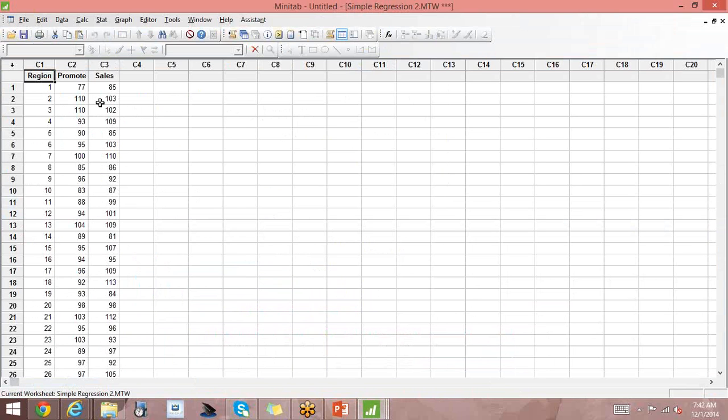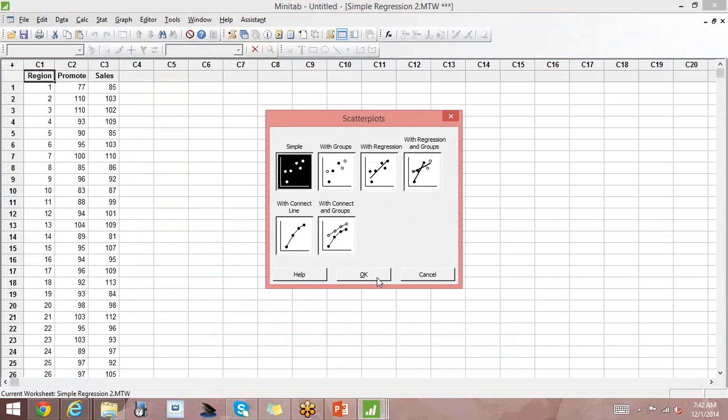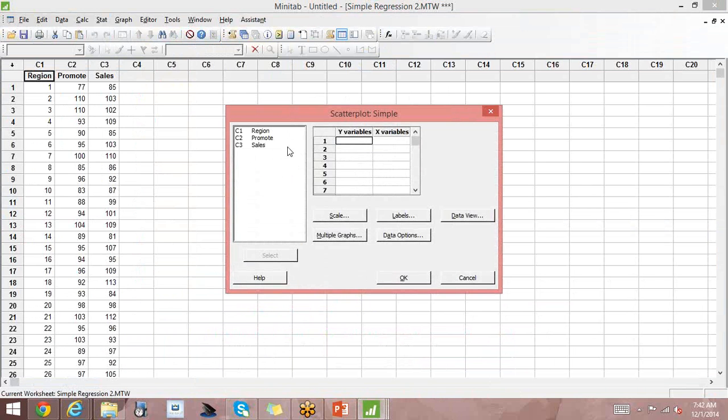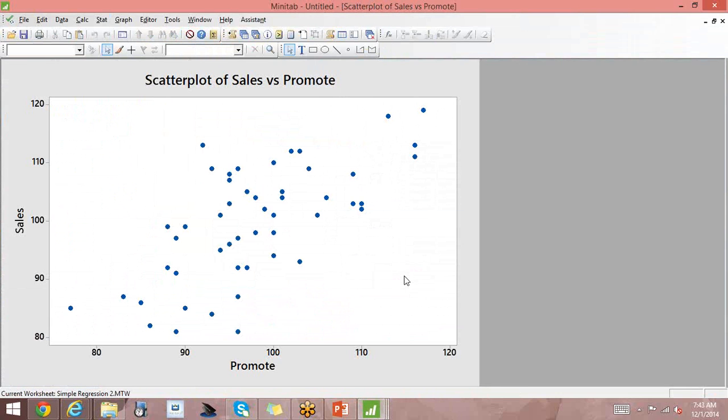Promotion and sales. Is there a correlation? So I go to the scatter plot first. First I need to do the scatter plot. That's it, as simple as that. I click on OK. Sales depends on promotions, so X and Y. By looking at this, can you comment, Anuj, whether there is positive correlation or negative correlation?